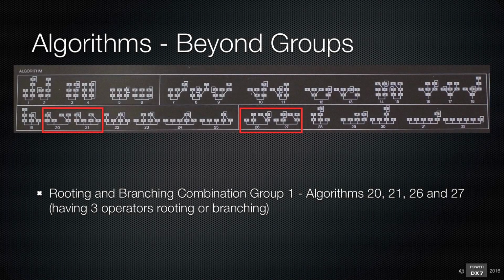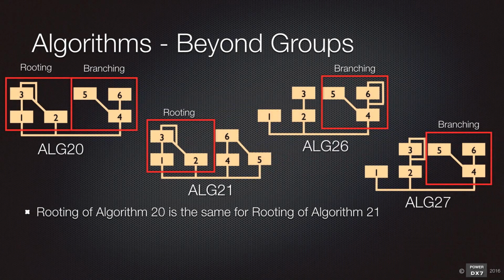The fourth one is routing and branching combination group 1. This group includes algorithms 20, 21, 26, and 27. This group is a variation of algorithm 20, which has routing with operators 1, 2, and 3, and branching with operators 4, 5, and 6.